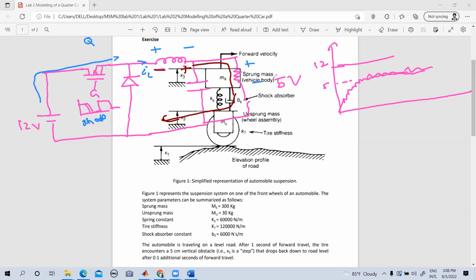That's what happens, right? So what this LC filter does is, the DC part will go through the load resistor, but the AC ripple, the ripple part, right?